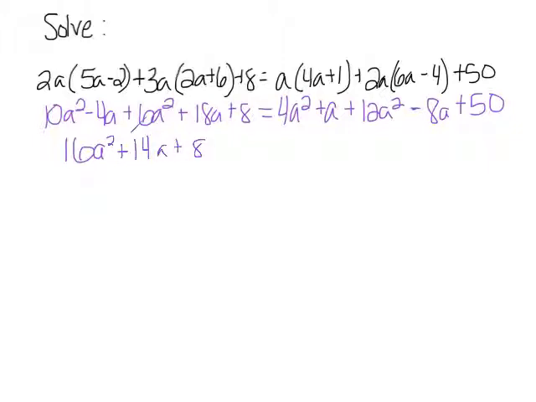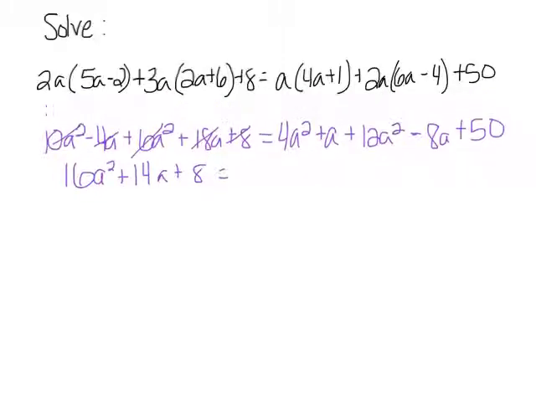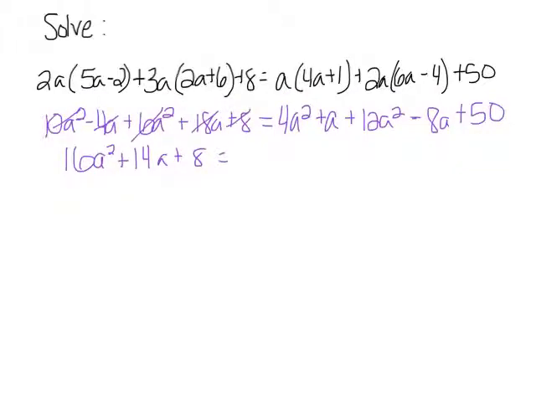And so I have my squareds and I have my a plus 8 equals, I'm going to get a 4a squared plus 12a squared gives me 16a squared. And then I have a minus 8a gives me negative 7a plus 50.